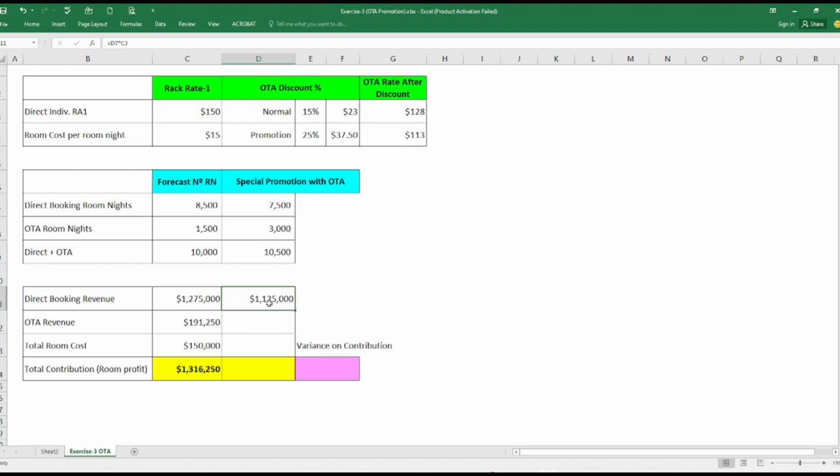So it becomes 1,225,000 instead of 1,275,000. So it's less, but the OTA revenue is going to be more.